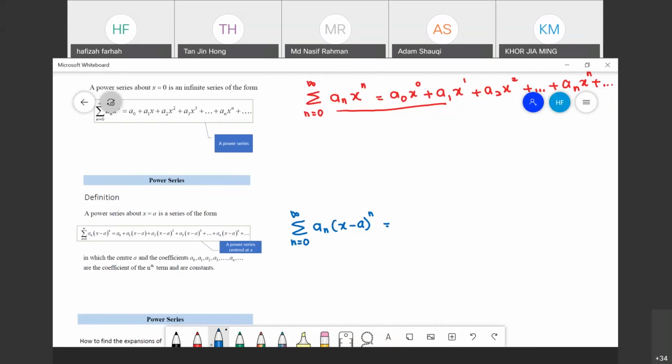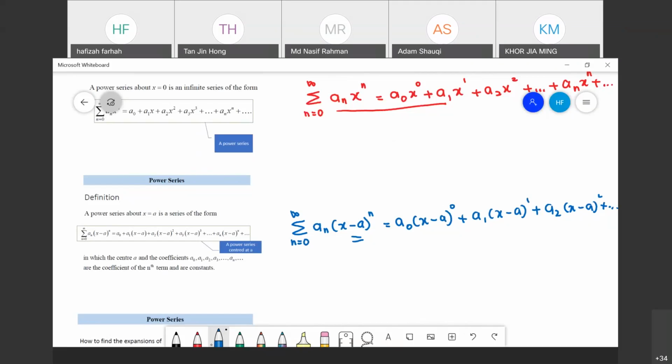Same goes with this, but the difference is now we have a center at x equals a. So when we expand this, we get a naught (x minus a) to the power of 0 plus a1 (x minus a) to the power of 1, a2 (x minus a) to the power of 2, and so on.